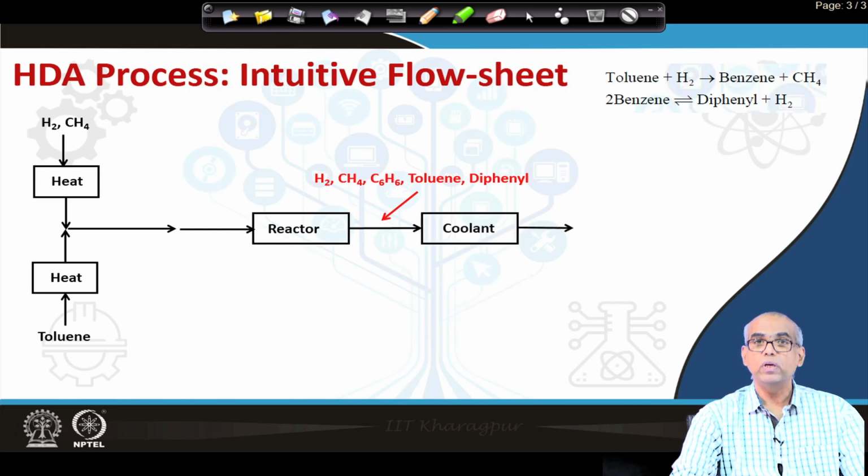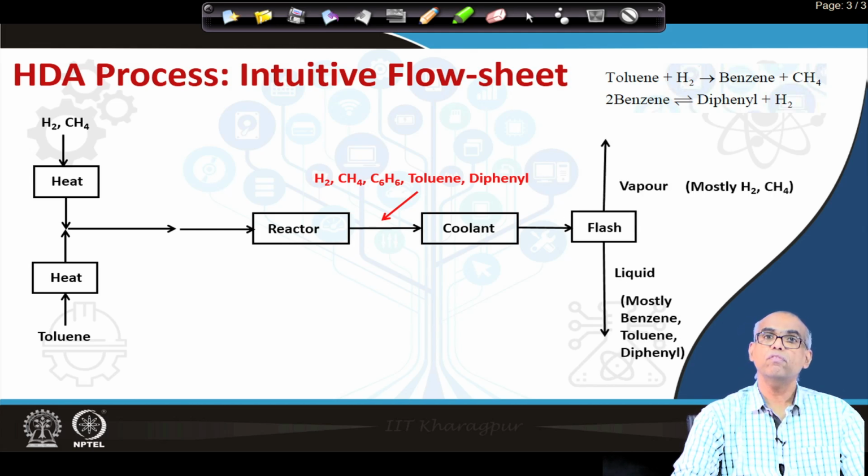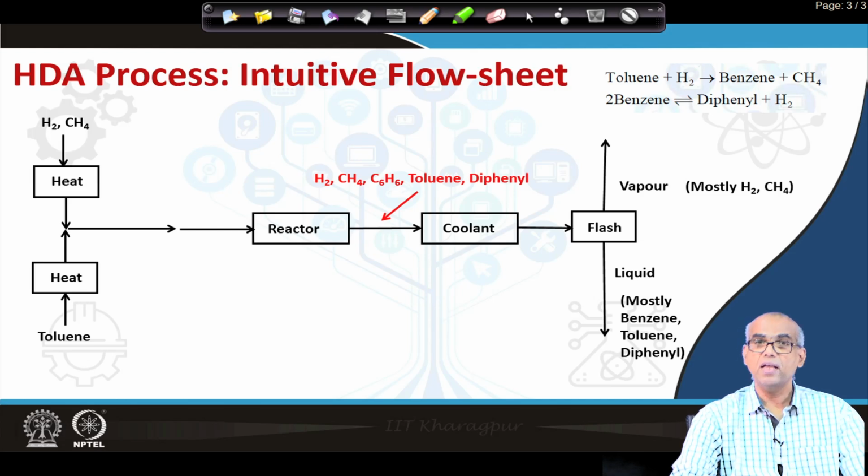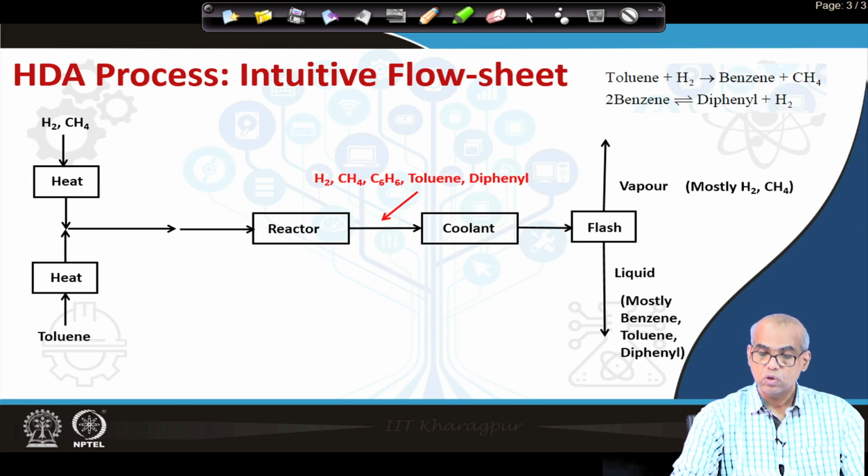Now, we will cool this reactor effluent stream and then we go for flash. After flash, we will have a vapor stream which will mostly contain hydrogen and methane, and a liquid stream which will mostly contain benzene, toluene and diphenyl, but also we will have some dissolved hydrogen and methane.